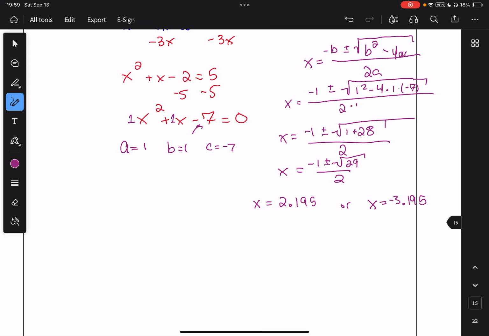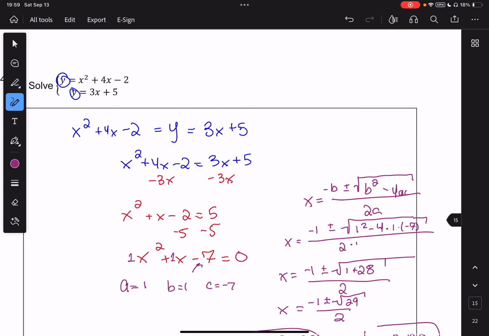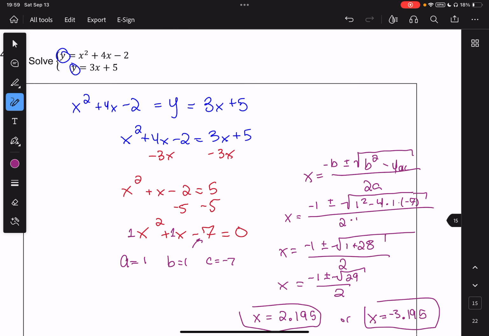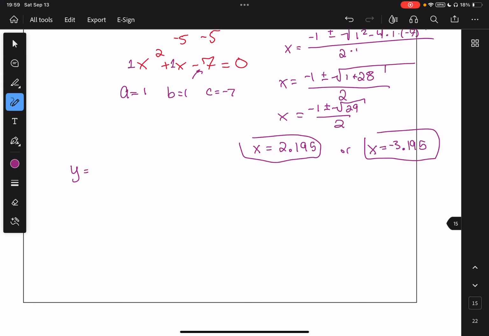So to find y, we need to plug in our x values into one of the equations. Let's pick the bottom one because we're not going to square anything. y equals 3x plus 5. Let's start with the one on our right, our bigger number, x equals 2.195.